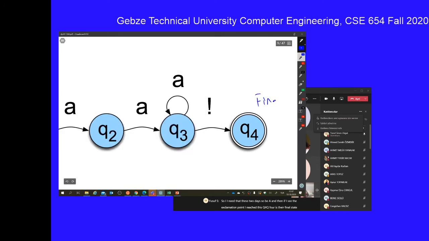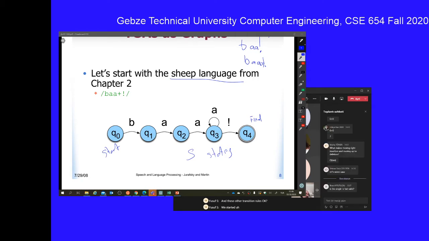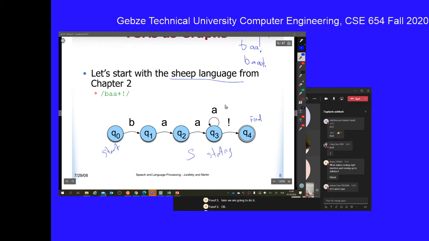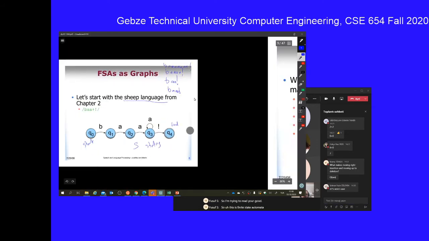Why do you call this the final state? Because it is double circled. This is the start state. And these are my states. There are a total of 5 states, and these are the transition rules. So this is a finite state automaton, and this is the graphical representation of it.